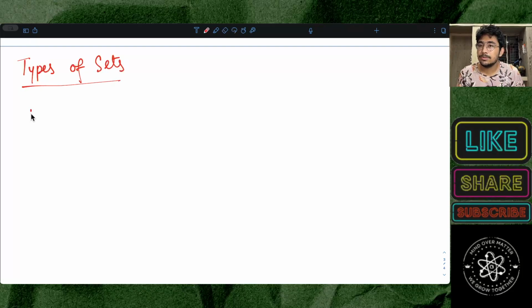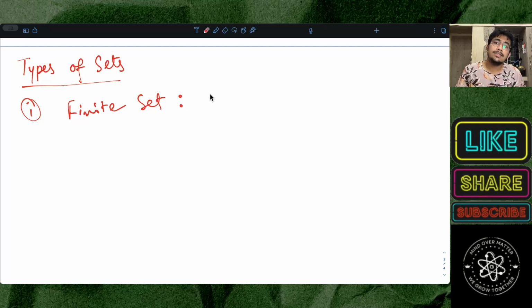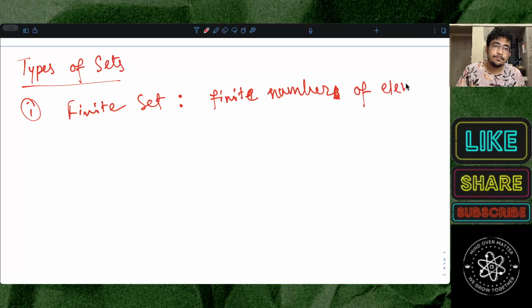Types of sets. Number 1 is the finite set. A finite set is a set which has a finite number of elements. It's absolutely simple. Example, suppose we have a set which is {1, 2, 3}.